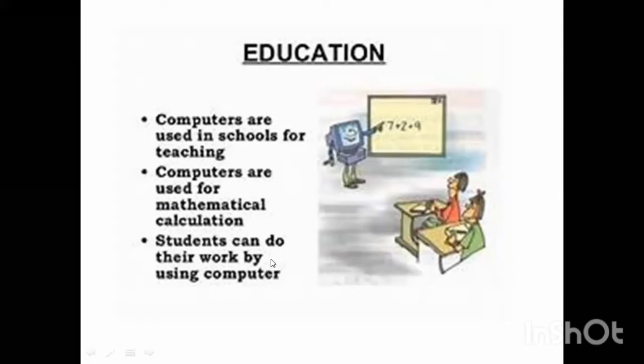Students can do their work by using a computer. If you have a computer, you can use it for your homework. You can search anything, but you need internet. Now you are using internet on mobile. Like that, you can use it on the computer also.